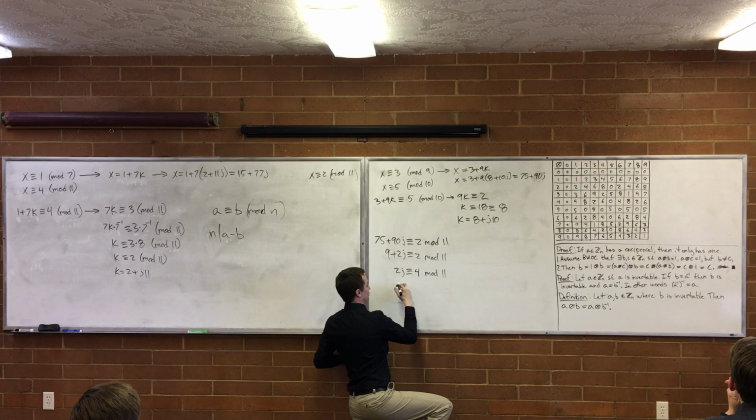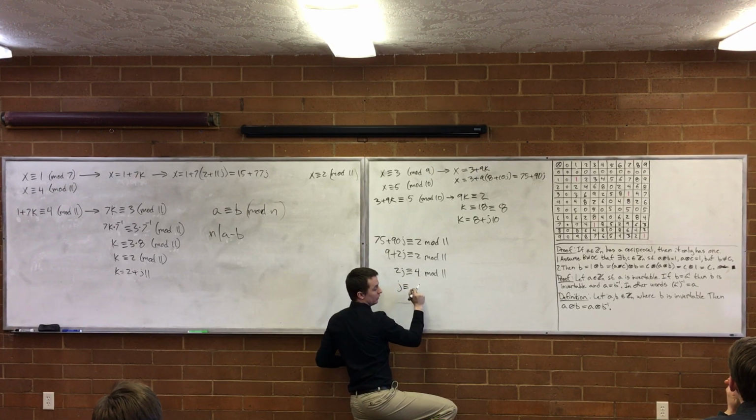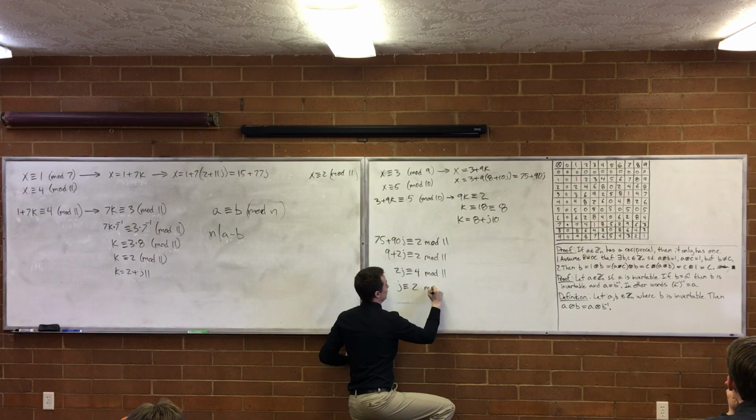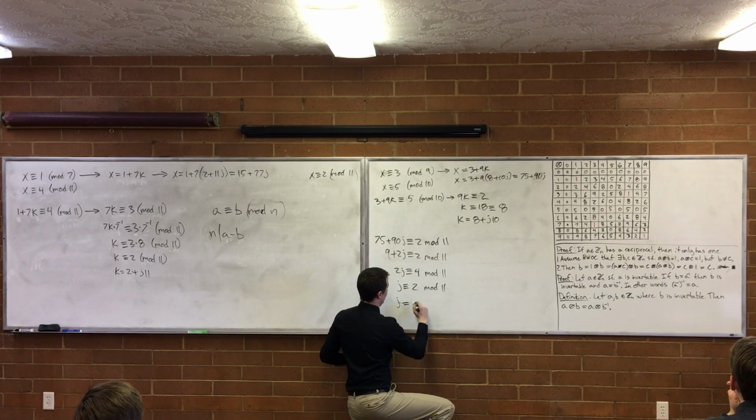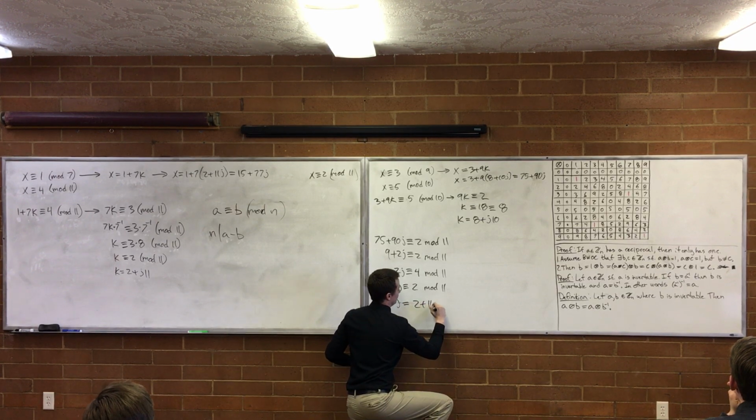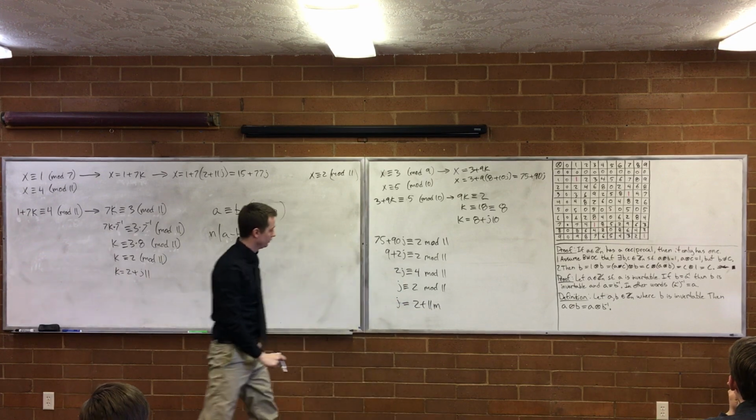So multiply both sides by 6, and we get j is congruent to 6 mod 11. So j is of the form, what letter are we going to use next? N? Sure. So j is of the form 6 plus some multiple of 11, right?